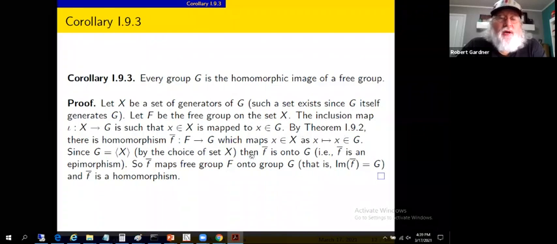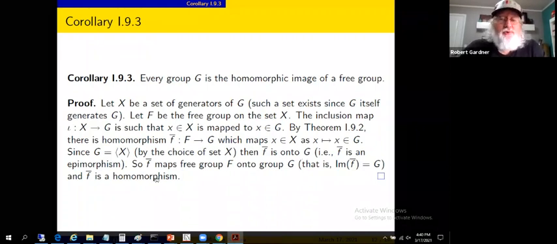So by theorem 1.9.2, we know there exists a homomorphism, F bar, mapping the free group into G, which maps X to itself in G. And since G is generated by those X's, we chose set X to be a set of generators, then F bar is onto the generators of G, then F bar is onto all of G itself.